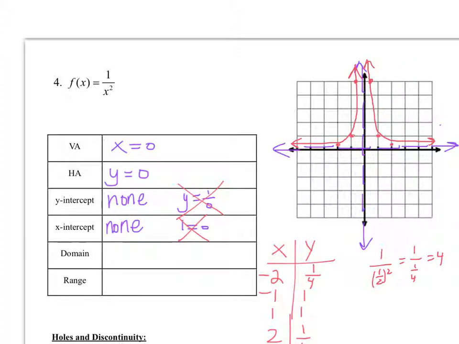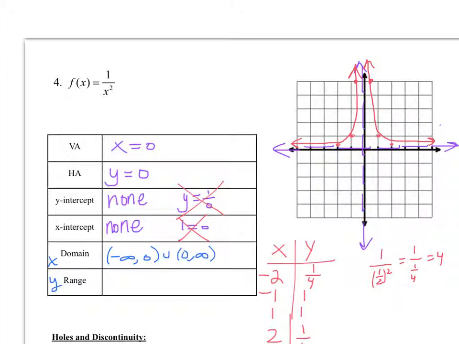Let's erase that. Alright, in terms of domain and range, domain is going to be all of our possible x values, range is going to be all of our possible y values. If we look at our graph, it continues to the left and to the right. The only value that is not allowed is 0. So for my domain, I could say from -infinity to 0, and then 0 to infinity.